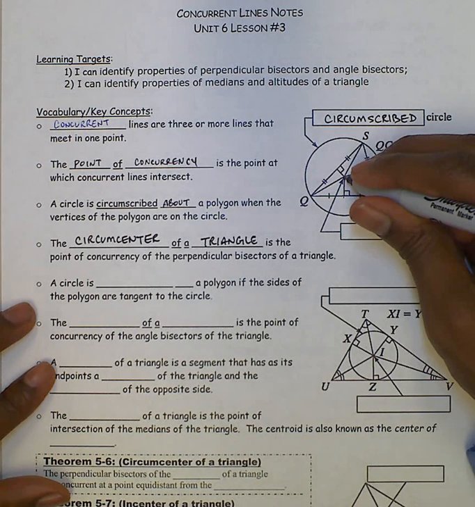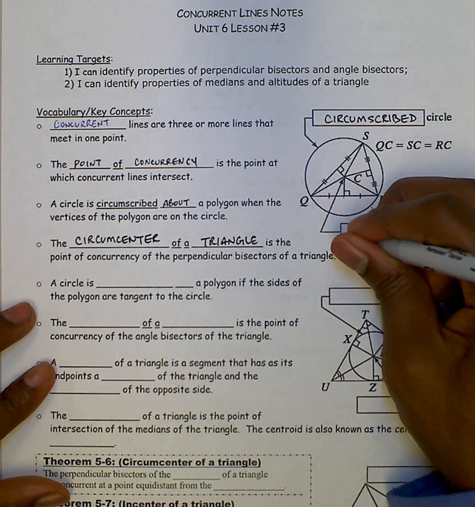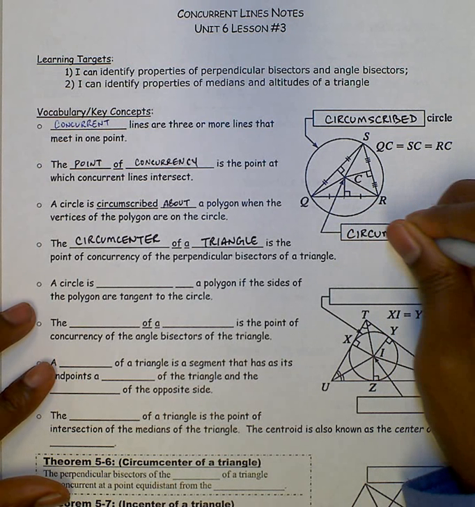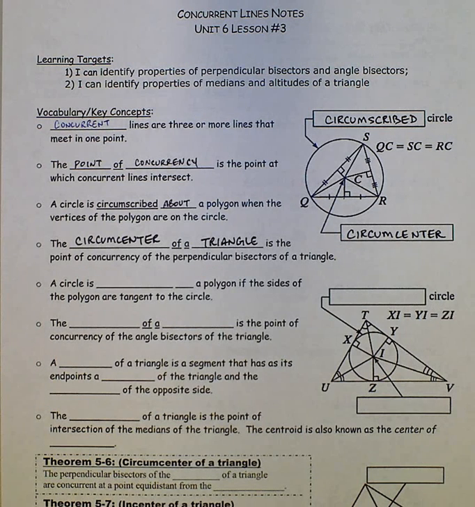They all meet at this point C. This is the circumcenter. Okay, that's our first center that we're talking about. Circumcenter is made of the perpendicular bisectors, the point of concurrency for the perpendicular bisectors.